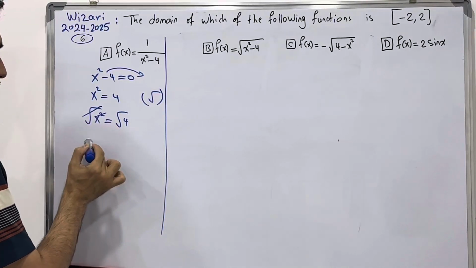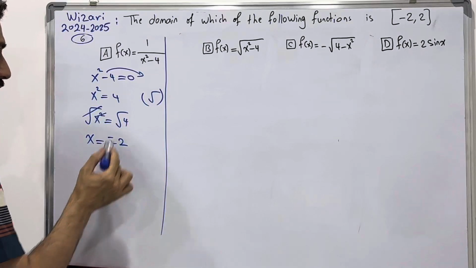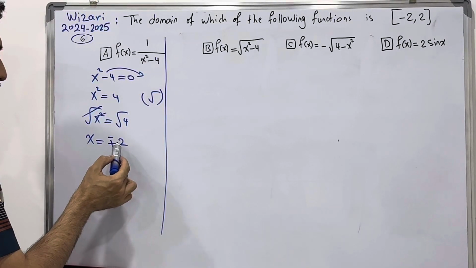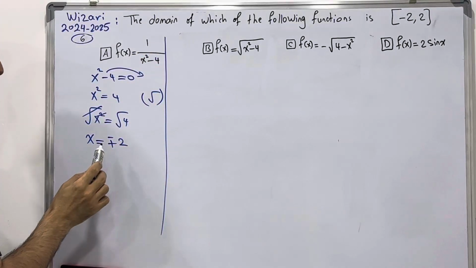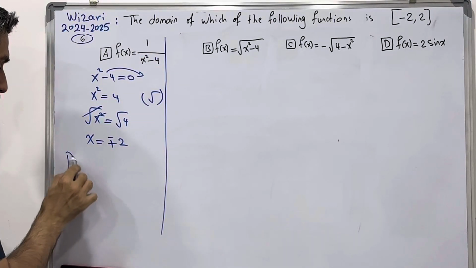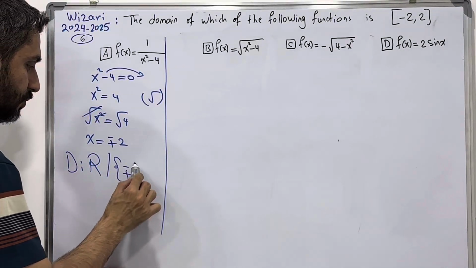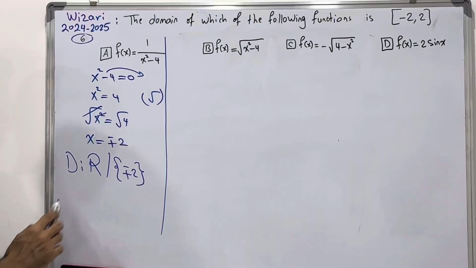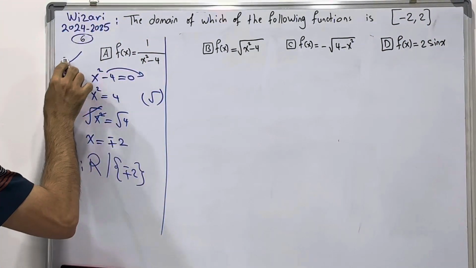So cancel this with this. Square root of 4, positive, negative 2. Since it's rational, positive 2 and negative 2 are making the denominator of this function 0, which means the domain is all real numbers except positive, negative 2. Which means the domain of this function is not negative 2 to 2, so this is wrong.